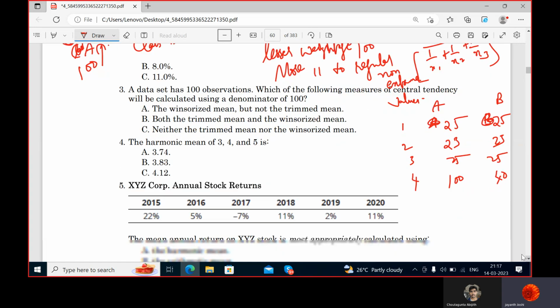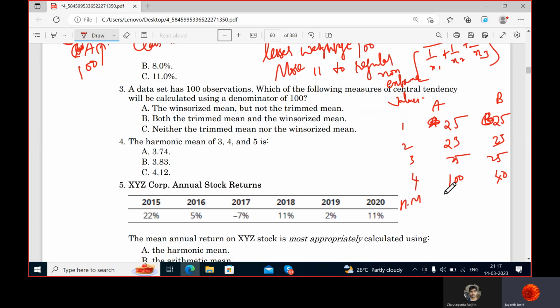I calculated the harmonic mean; let's say it comes out to 30 and 26.9, and the arithmetic mean comes out to 43.3 and 28.3. You can see the arithmetic mean is very high because of this outlier, correct? But the harmonic mean in both cases is very near. It gives a real picture.